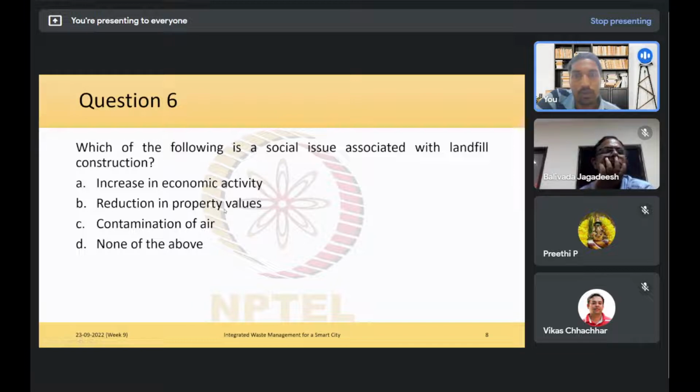Also, this landfill has to be operated, so garbage trucks will be routinely delivering garbage to this site. There will be a lot of garbage truck activity, and there can also be littering of waste around or nearby the landfill site.